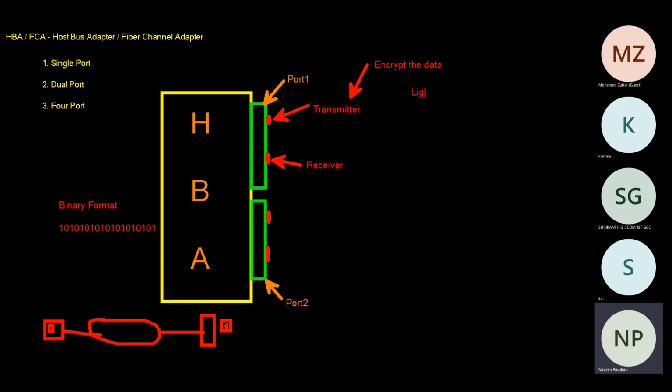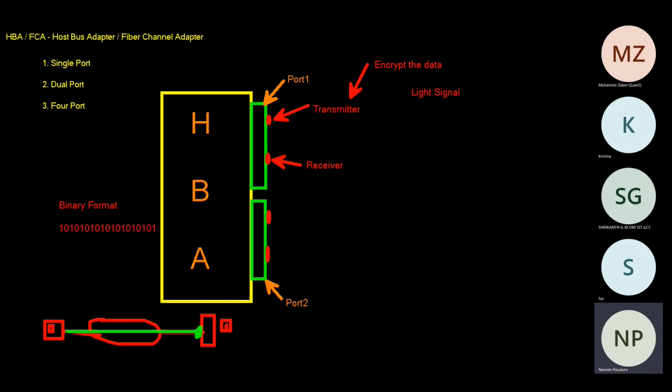It will encrypt it as a light signal. It will convert the data format from binary to light signal. So over the medium and SAN network, my data will travel as light, and at the other end, on the storage end, it will reach the FCA.